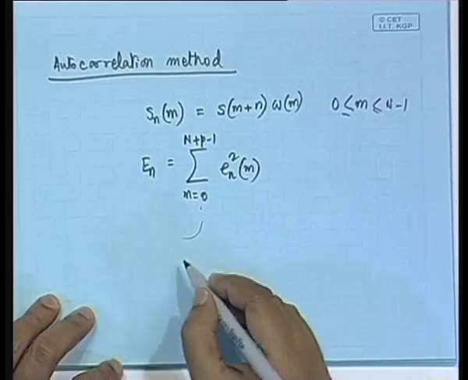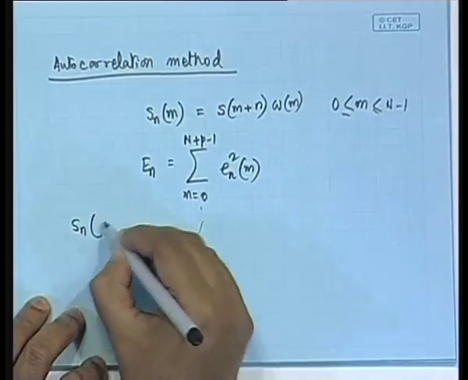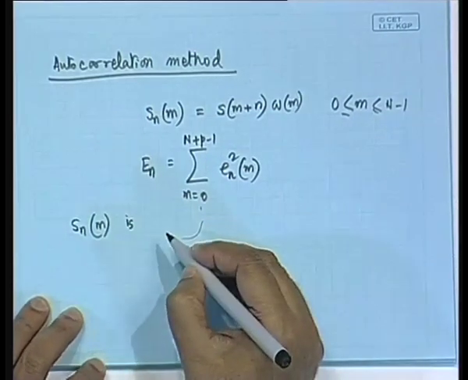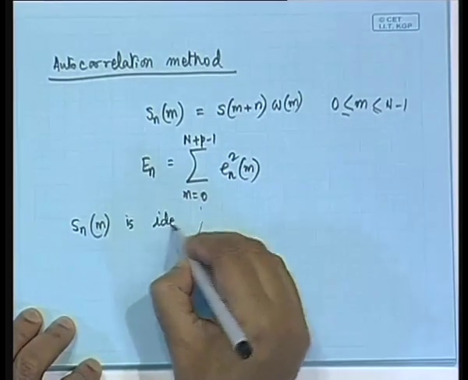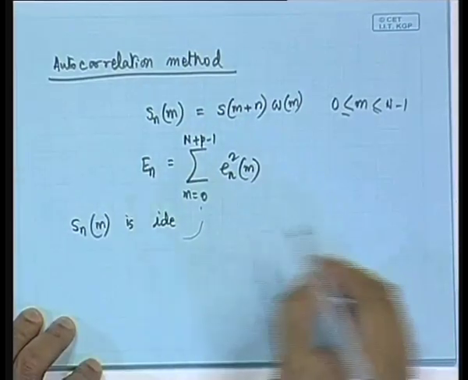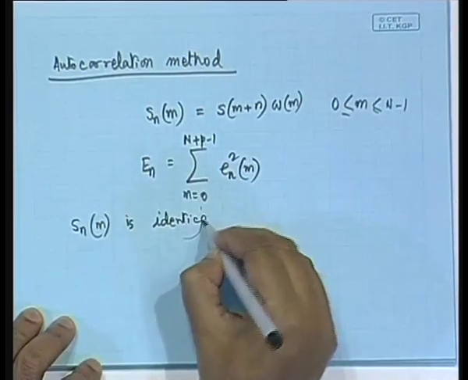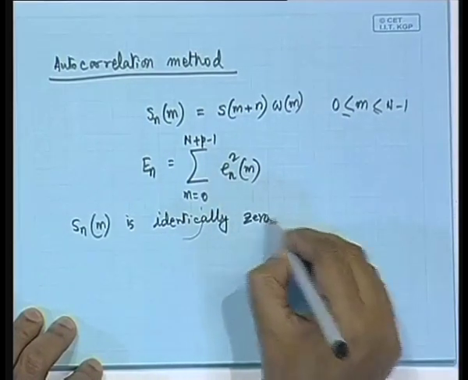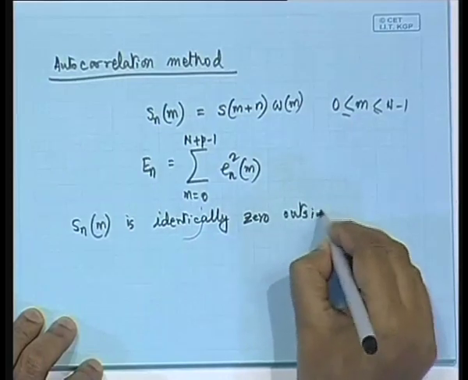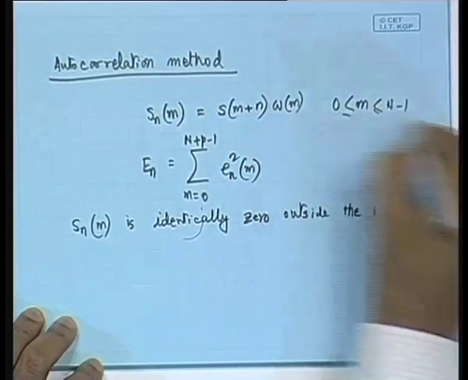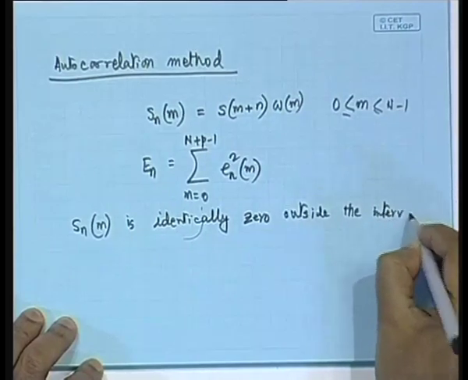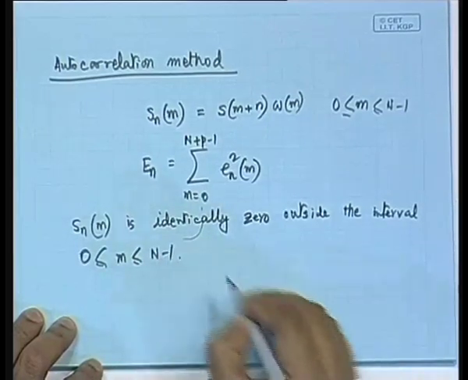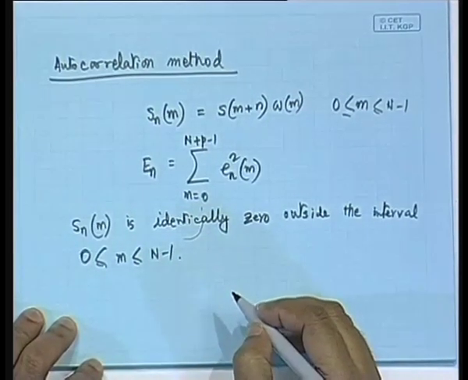We are assuming that s n m is identically 0 outside the interval m lying between 0 and capital N minus 1.